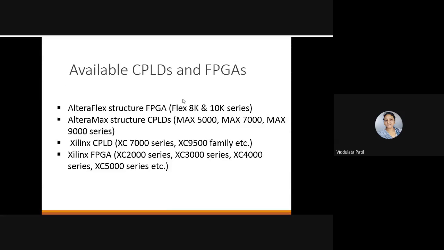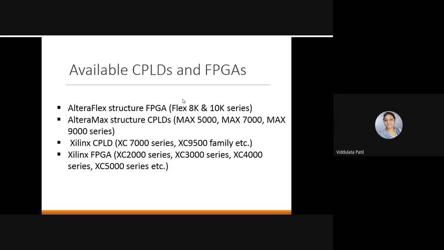Okay, so whatever different CPLDs and FPGAs are available in the market. So we have the Altera Flex structure FPGA, that is the Flex 8K and 10K series. Then we have Altera Max structure CPLDs, Max 5000, Max 7000, Max 9000 series.